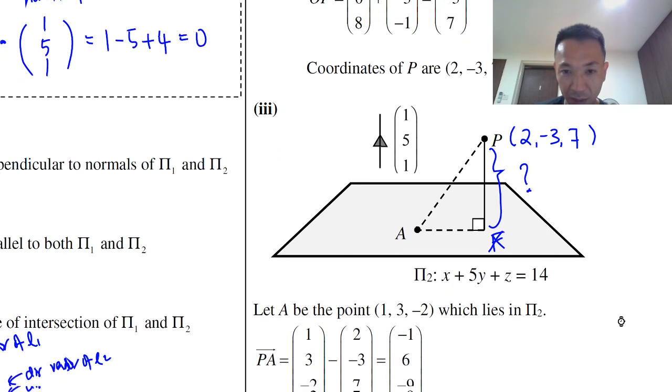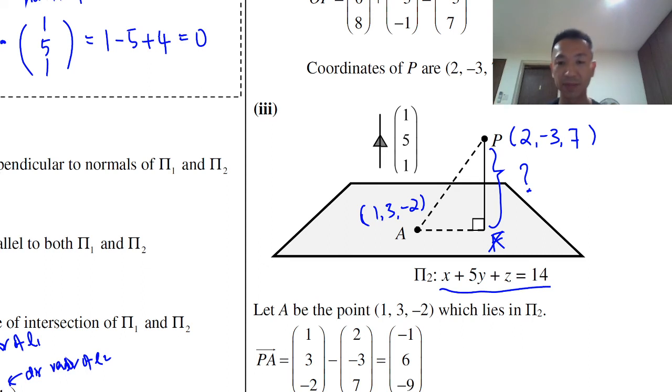I will take a point A. This is 1, 3, minus 2, or any other point that can satisfy this. 1, 3, minus 2 is just one possible combination to get 14. But there are many, many possibilities.